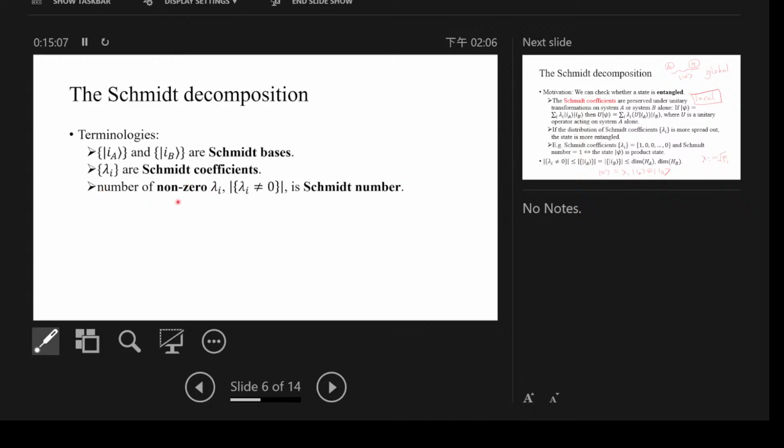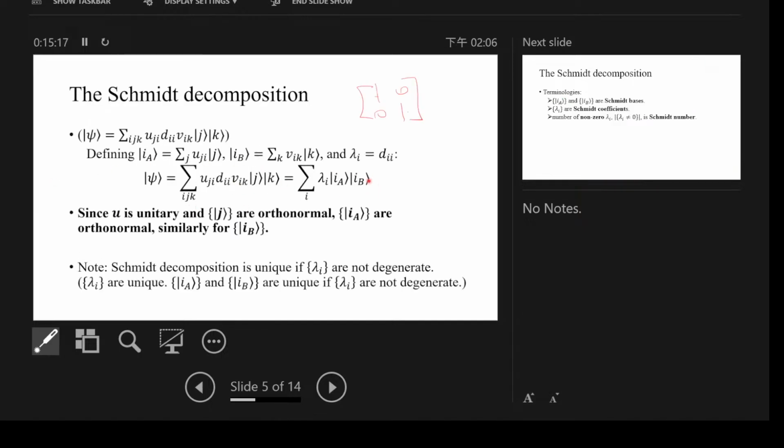It's a bit tricky whether you want to include lambda i equal to 0 in your definition. In this notation, it's not very clear whether you include lambda i equal to 0 or not.